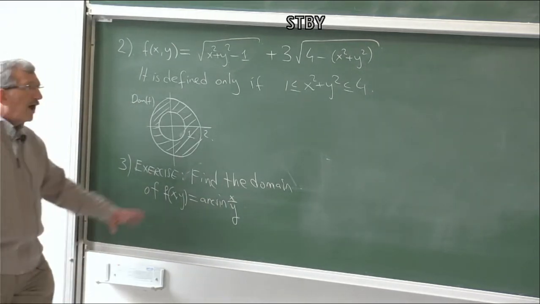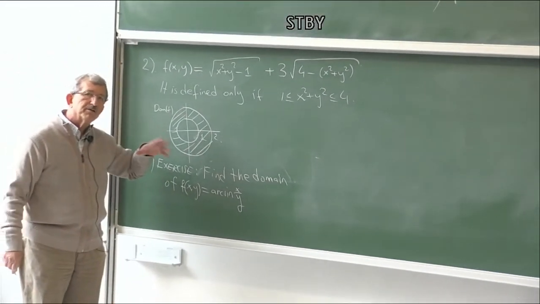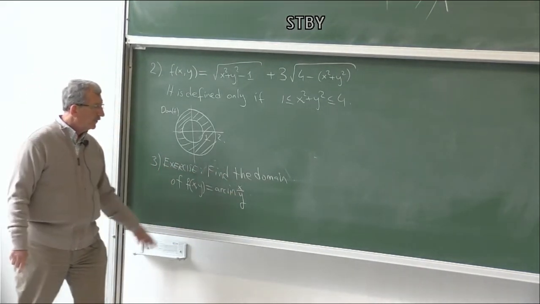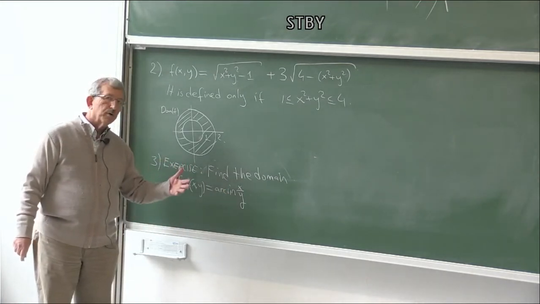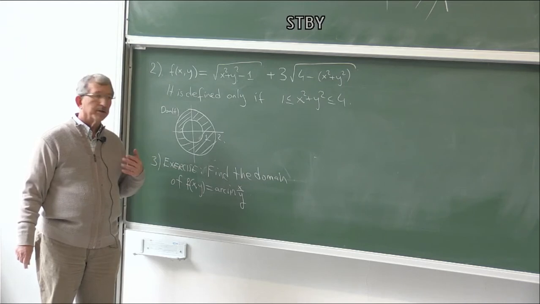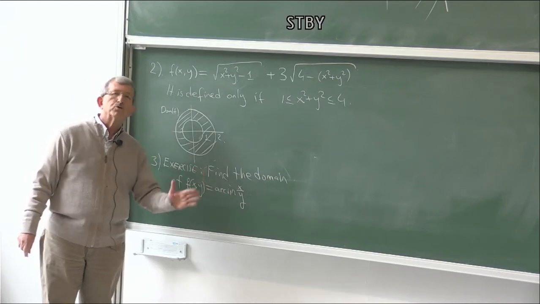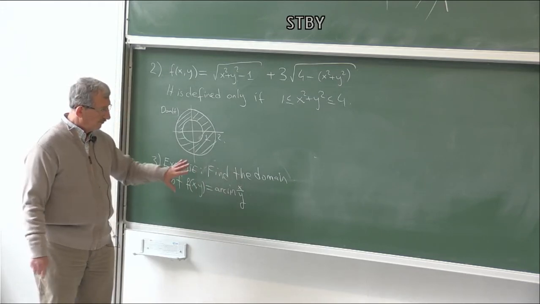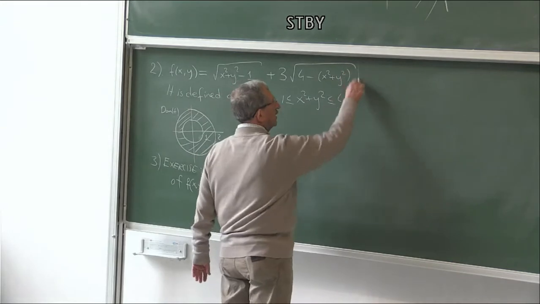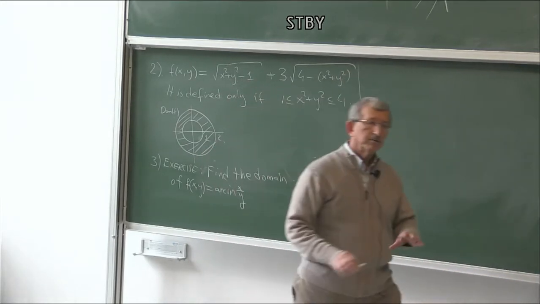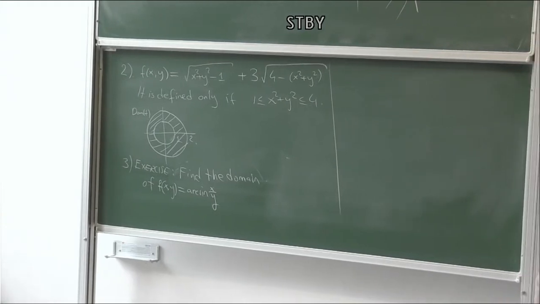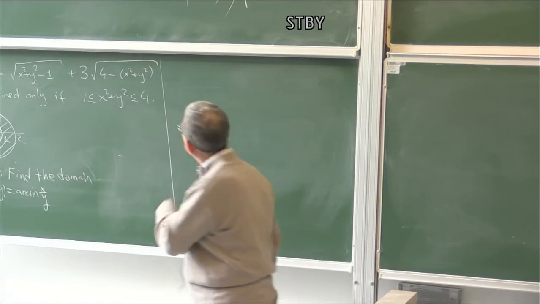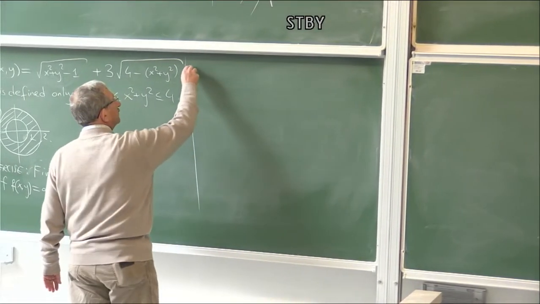Now, here we don't have a root type restriction of positivity and negativity, but x over y, okay, cannot be bigger than 1 or smaller than minus 1. Because arcsine is defined between minus 1 and 1. But at the same time, y cannot be 0. So, sketch it carefully. It will be part of the plane. Okay. The next question that we will discuss are graphs.